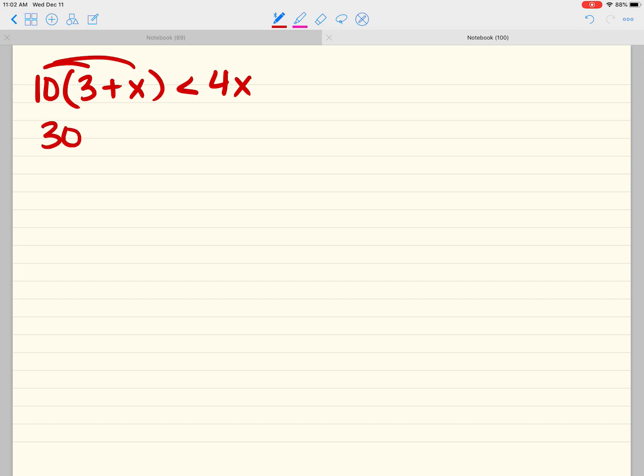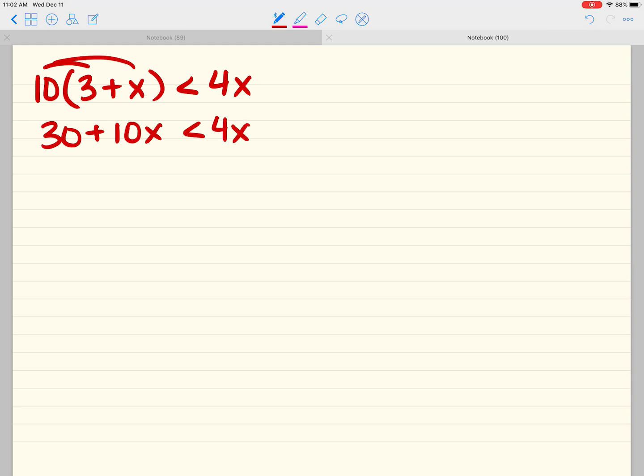Okay, let's do a couple on inequalities real quick. I'm only going to show you 2 examples because I think you all should be okay on this. Grayson, can I add anything inside my parentheses? No, so what would I do to get rid of those? Tell me what you get. 30 plus, less than 4x.